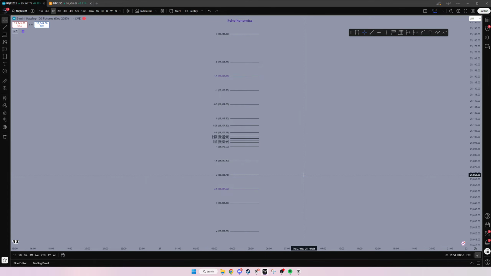Now with that being said, this right here from 2 to 3, and the same way from negative 1 to negative 2, these are, from my experience, the ones that work the best. I don't usually take ABS trades, or I don't rely as much on the rejection from the 1.5 and from the 4 as much as I do on these.